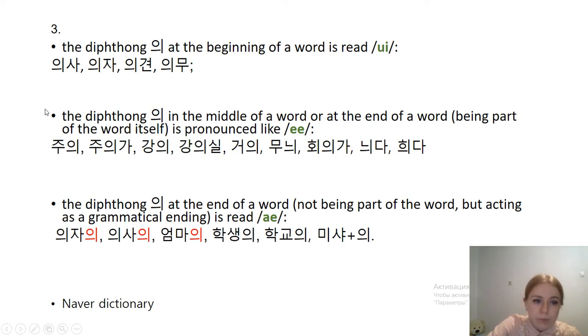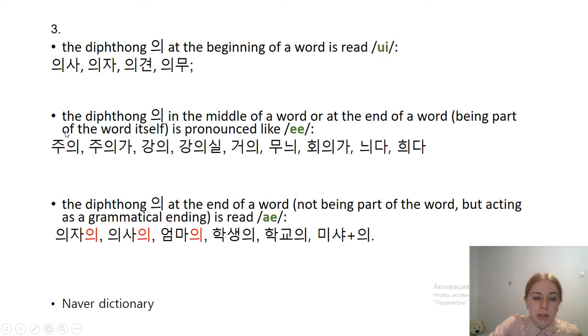The next one, it's about 의 in the middle of a word or at the end of a word also, but if it's a part of the word itself. So in these cases, we read it like 이, 주의, 주 plus 이. Okay, 주의, it's about your attention. It's the translation of this word.